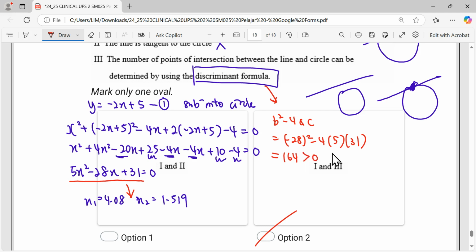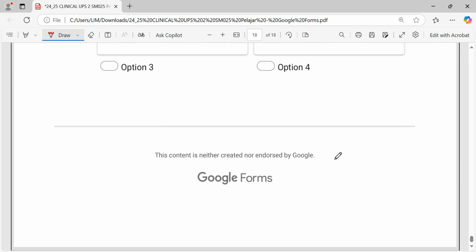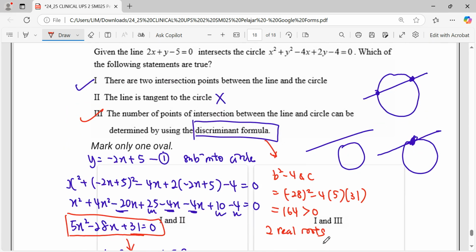So greater than 0 means this quadratic that we have tested here has two real roots, and we already proved it by solving to find x. So this statement is true. So our option is 1 and 3. Here we have our option.